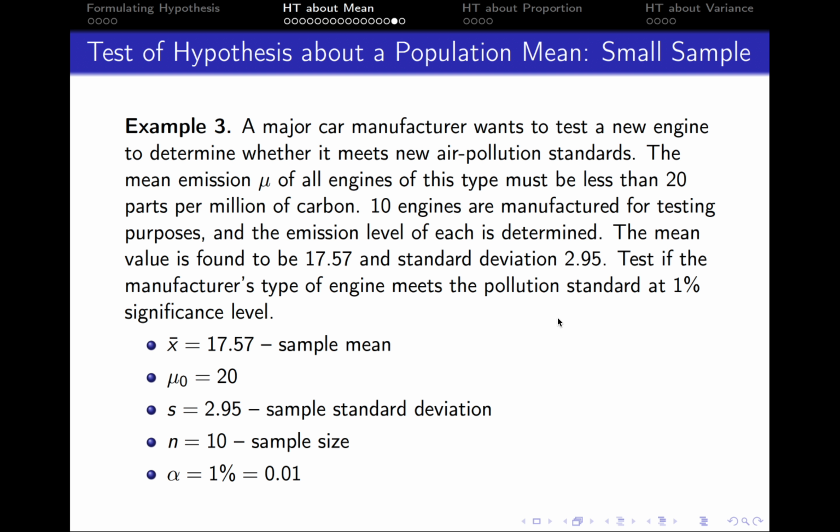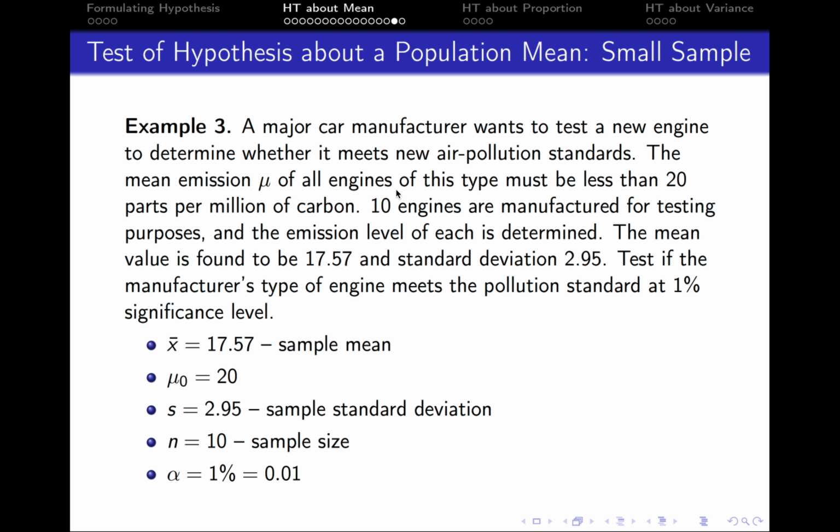So out of this exercise, we can get the following information. The sample mean has been found to be 17.59 parts per million of carbon. We also know the sample standard deviation, it's 2.95. The hypothetical population mean value that we will be comparing with is 20, because we want the mean emission to be less than 20.